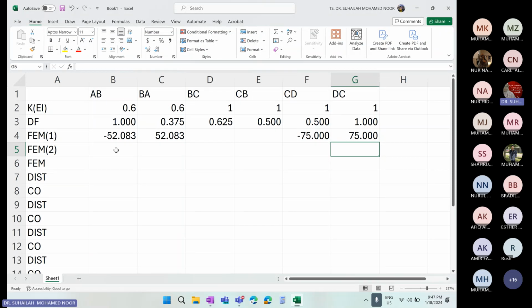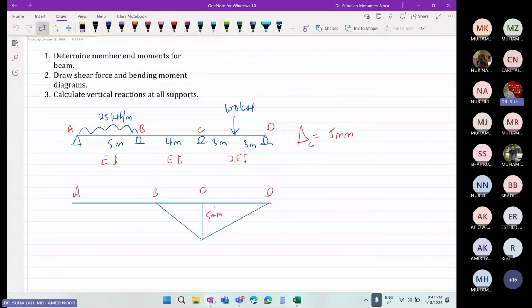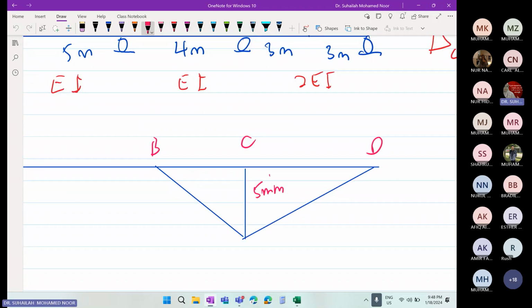Okay, FEM for support settlement. For BC and CD, look at the angle, because FEM is opposite with angle. If angle is positive, FEM is negative.